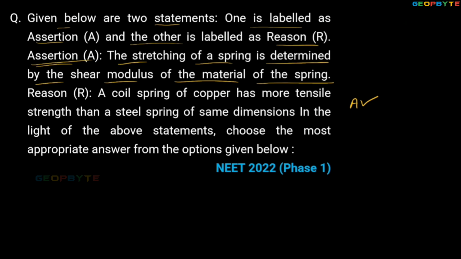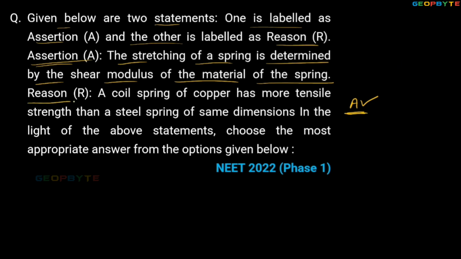Because of the twisting, the stresses developed in the spring are called shear stress. That shear stress divided by the shear strain is the shear modulus. From that, I can conclude that the stretching of the spring is decided by the shear modulus. Therefore, the assertion statement is absolutely correct.